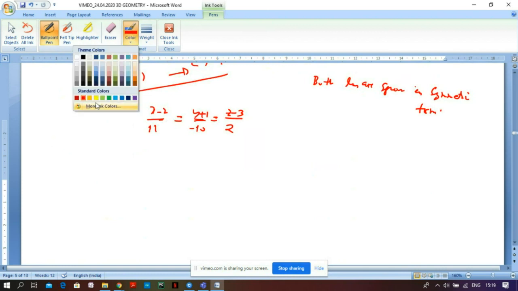Let me do a problem which is normally found tough by students.